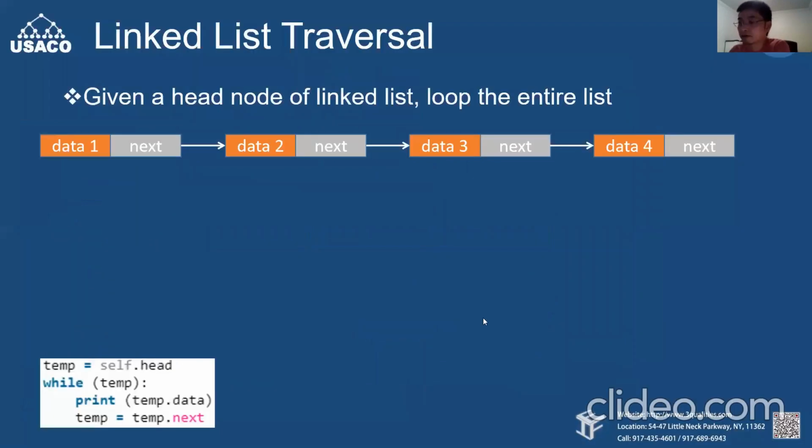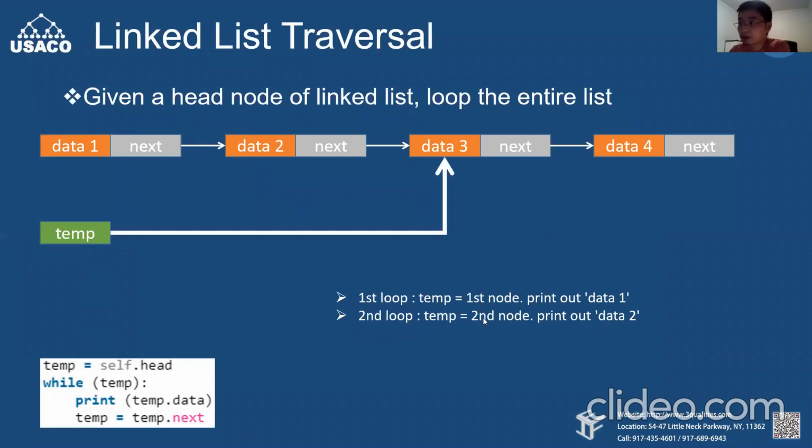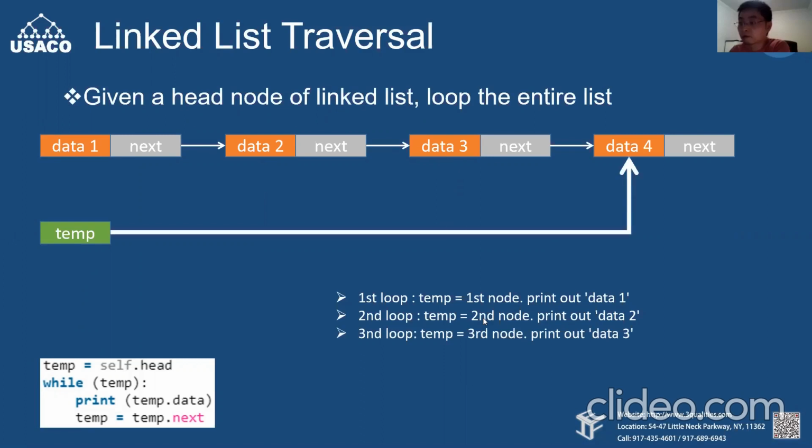Okay, let's try it again. First, temp equals the first node. It's going to print out data 1, the value of the first node. Second, it's going to update to my next, which is the second node, right? Print the second node value, data 2. Update to my next, the third node, print out the third node value, data 3. Then the fourth node, print out the value of the fourth node, data 4.